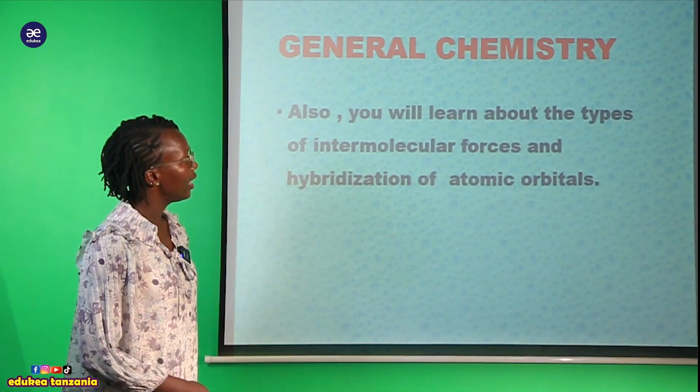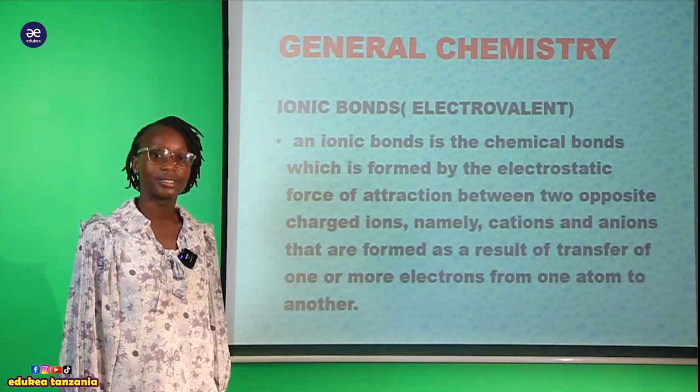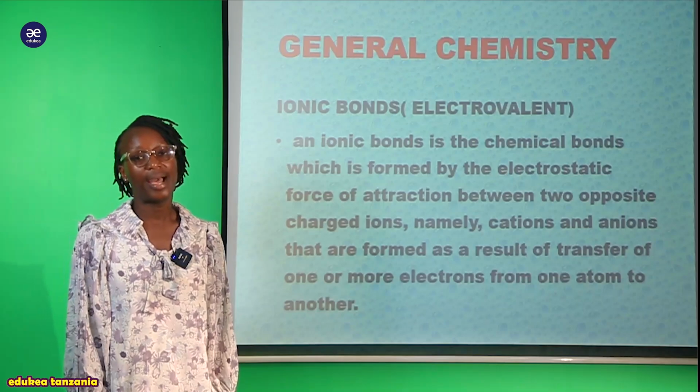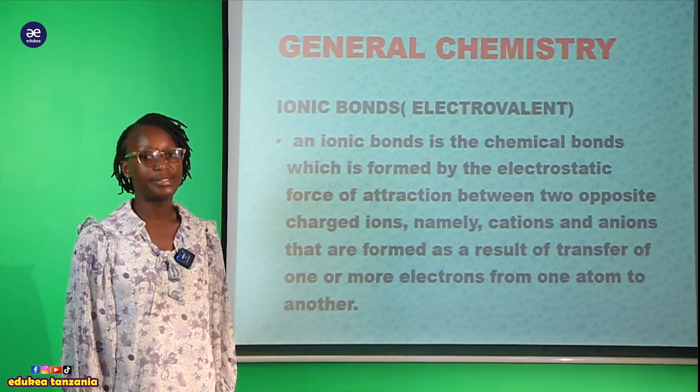So my student, here let us start with the first type of chemical bond, known as the ionic or electrovalent bond.